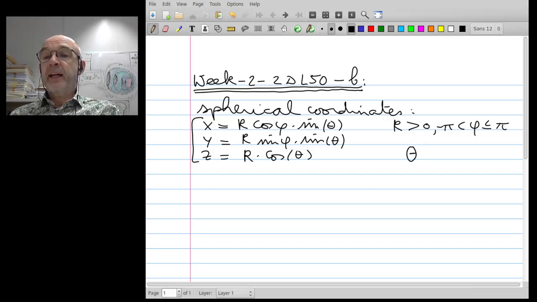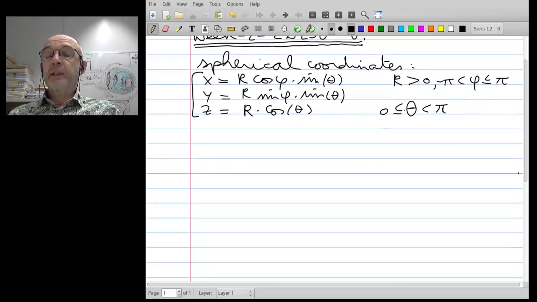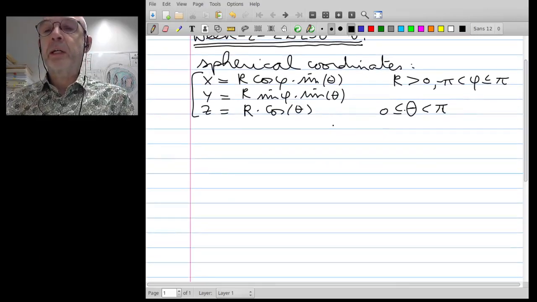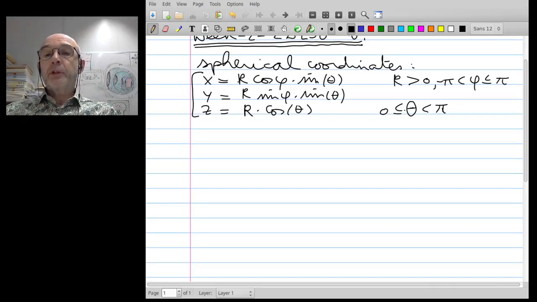And the theta we measured from the positive z-axis downward, and then you only have to take an interval of length pi. If you take 2 pi, you have the whole sphere covered twice, you have two coordinates for the same point, and you want for every point of the sphere just one coordinate.